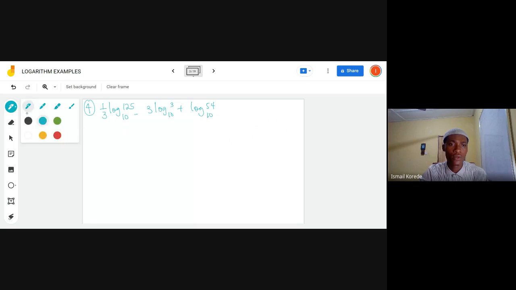The first thing is, if I have a number in front of the log, I have to return it back as a power. So I'm going to have log 125 raised to the power of 1 over 3 base 10 minus log 3 to the power of 3 base 10 plus log 54 base 10.